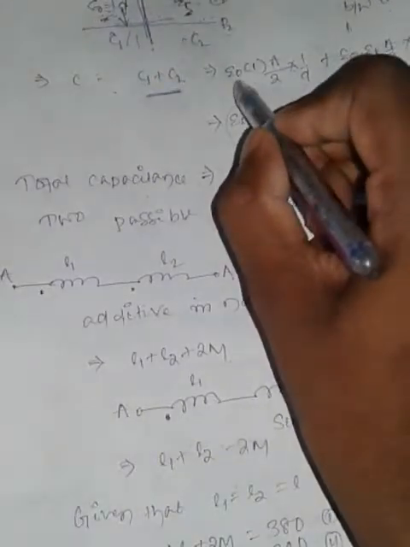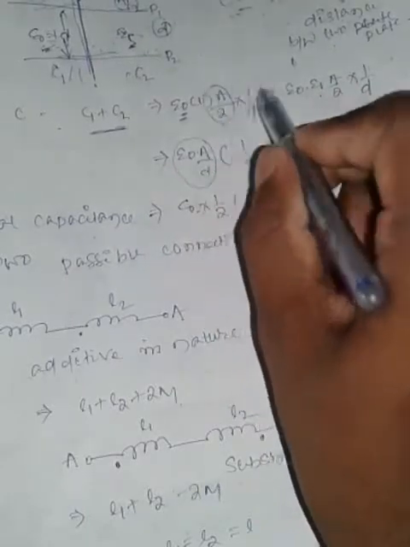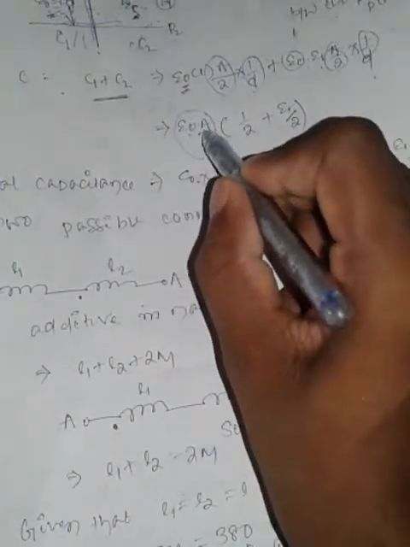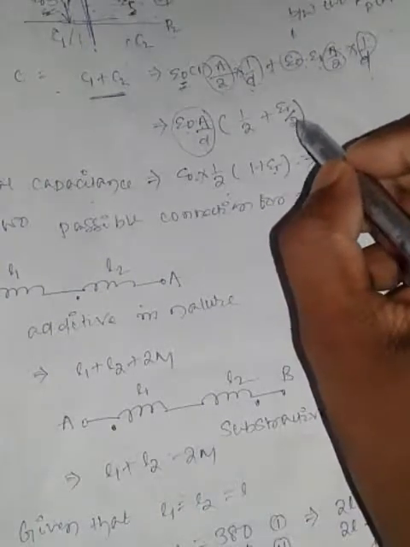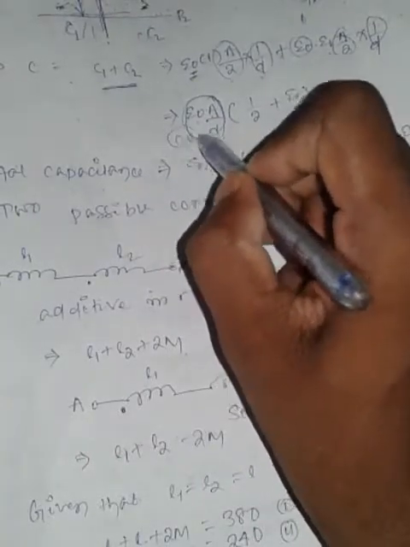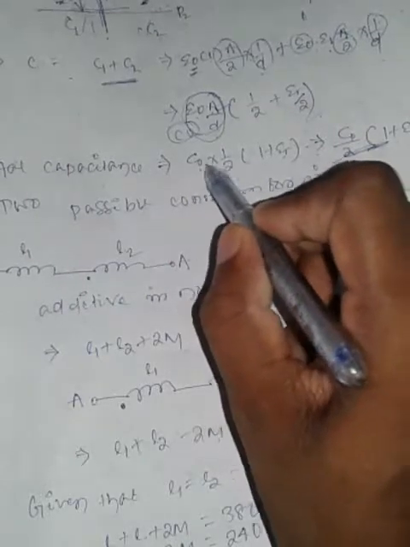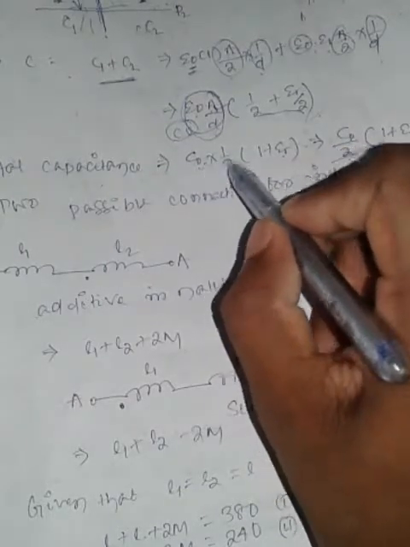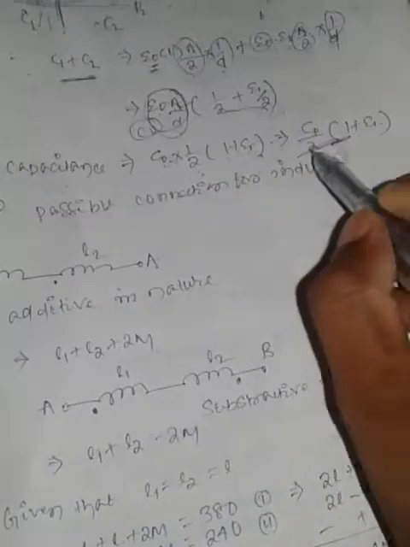If you take epsilon naught, A by 2 and 1 by D outside, as these are all constant, we get epsilon naught A by D into 1 plus epsilon R, all divided by 2. Here epsilon naught A by D is C0, the initial capacitance.